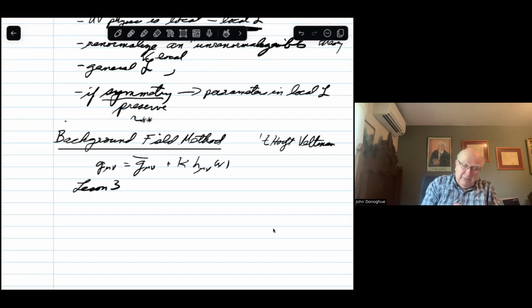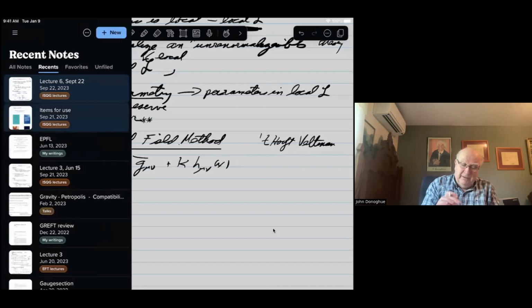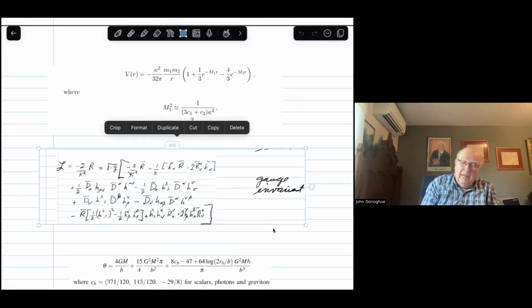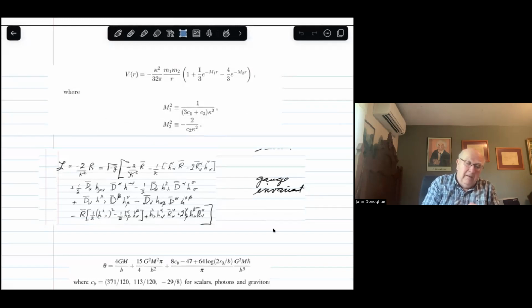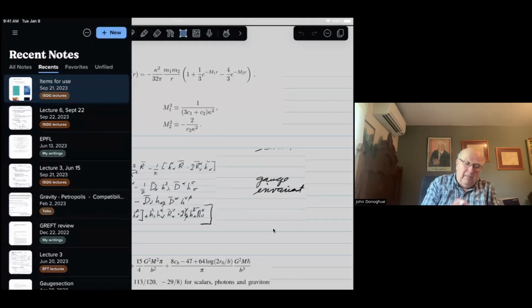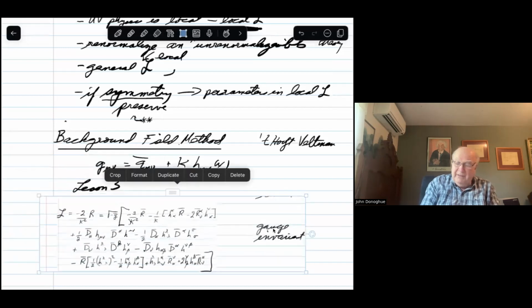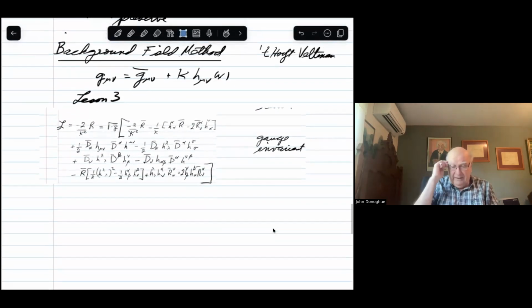So I'm just going to pull out one of the formulas from there. This was the expansion of the Einstein action in terms of the background field.